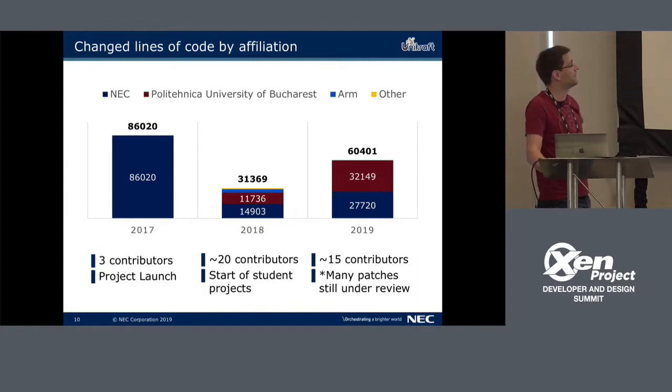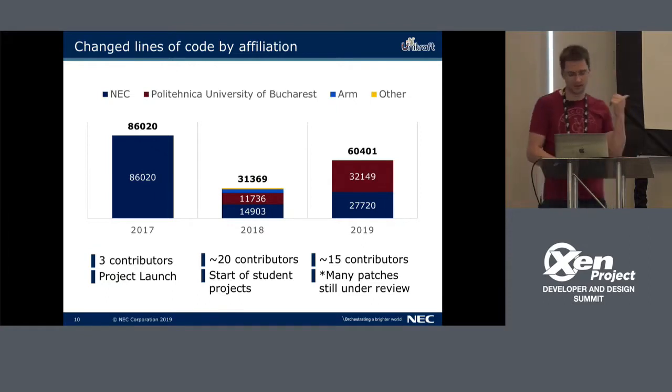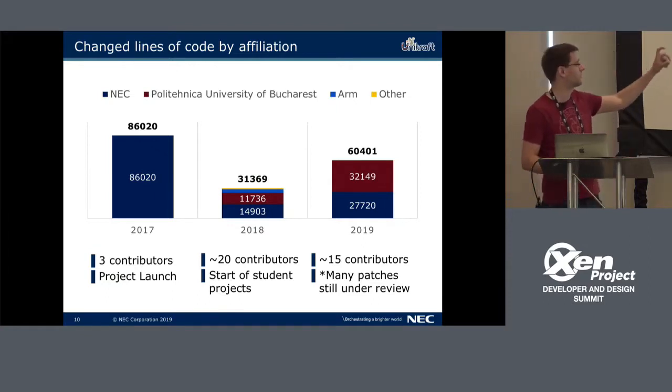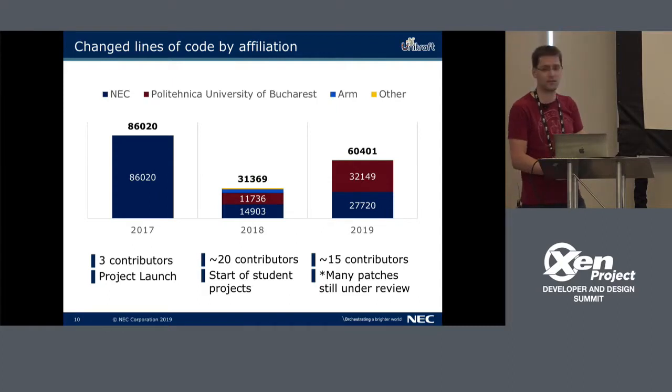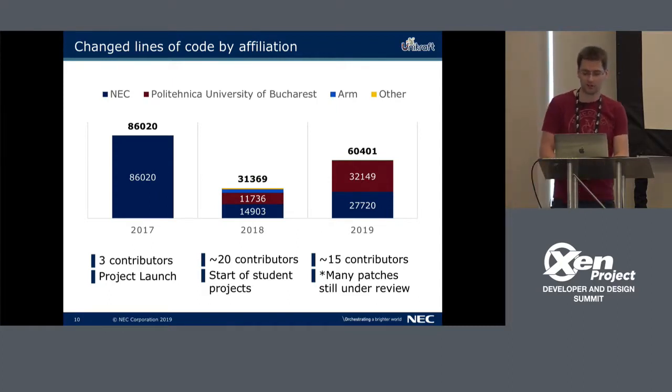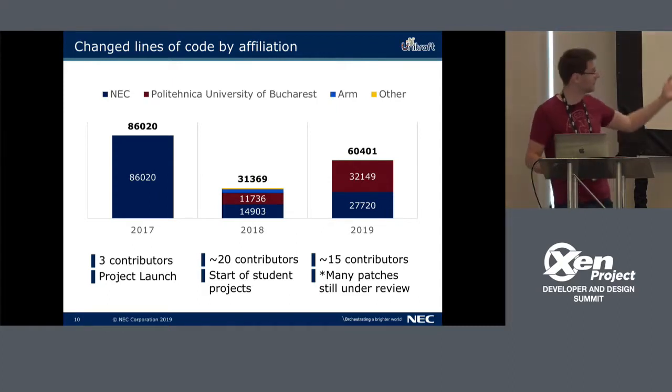And in this bar, we currently have a huge stack of patches which are under review, which are not taken into this number yet. For instance, there's also a huge block of ARM contributions that we're currently reviewing, and it's not part of this number. But I think it looks quite good already, what we have achieved here.